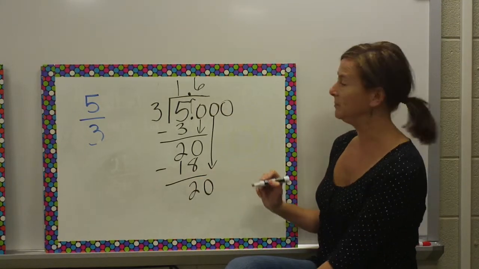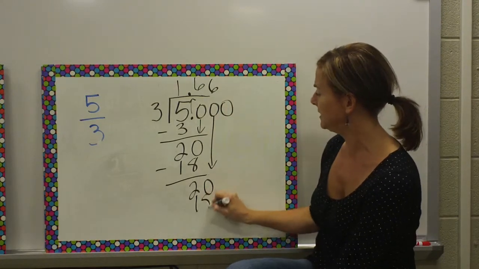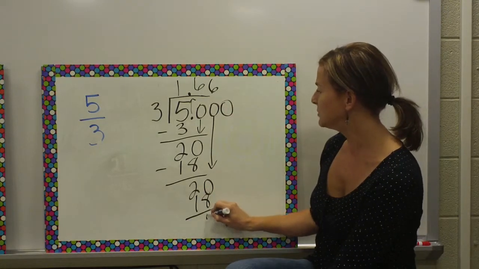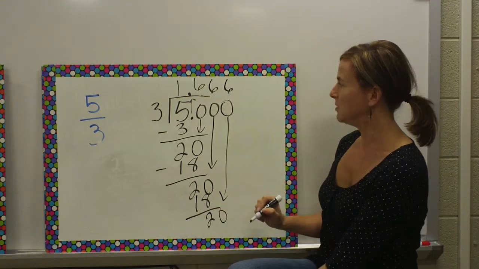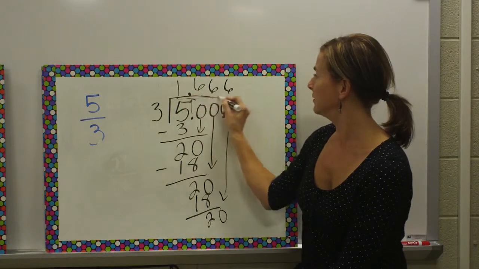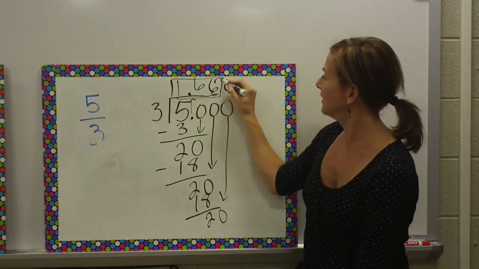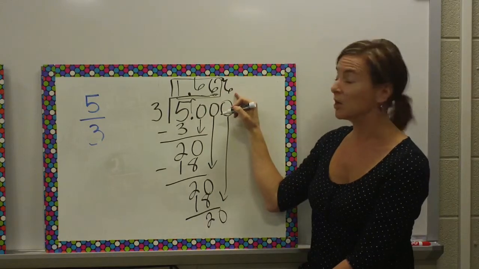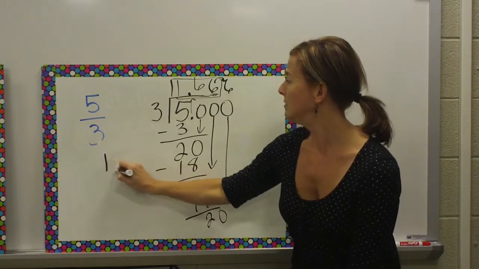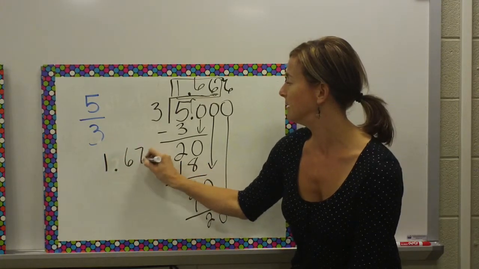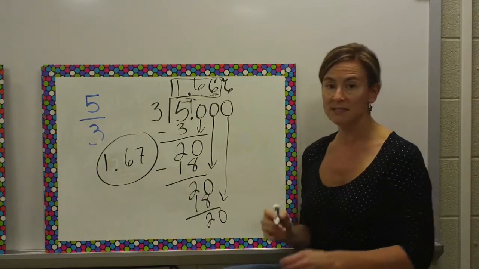So I want to go 3 places, and it's going to continue to repeat. I want to round it to the nearest hundredths place. If I look back, 6 is larger than 5, so this last 6 is going to be a 7. 1 and 67 hundredths. 5 over 3 is the same as 1 and 67 hundredths.